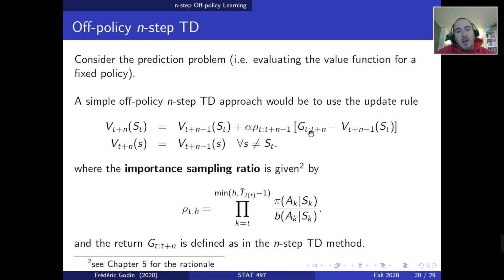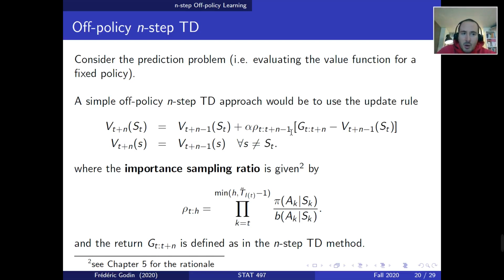So by multiplying both the return and the current estimate by the importance sampling ratio, if this fluctuates a lot, at least you won't have a very large term minus a normal term. You'll have either two very large terms on average or two very low terms on average. So this stabilizes the algorithm.